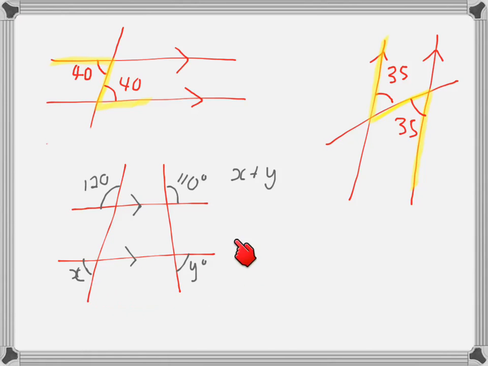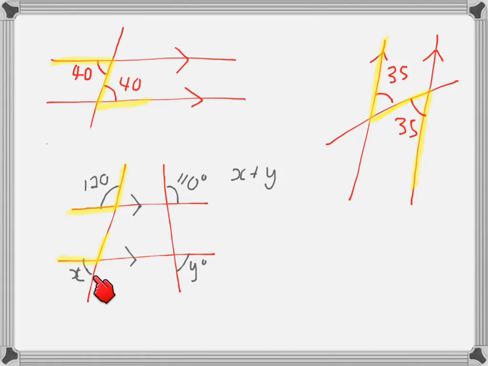So in order to find angle X plus Y, from here what you can know is, if this one is 120, we learned about corresponding angle. Corresponding angle means this angle will be the same as this angle.